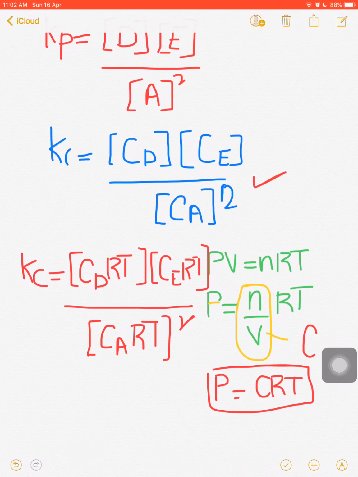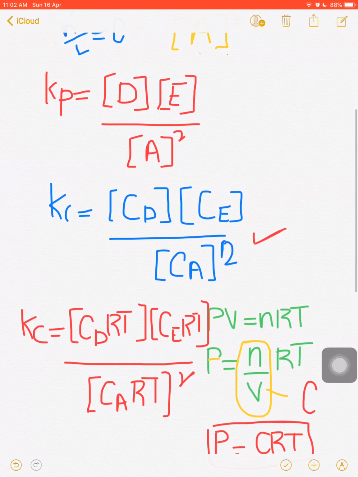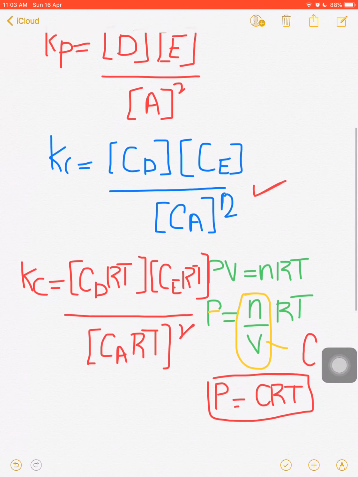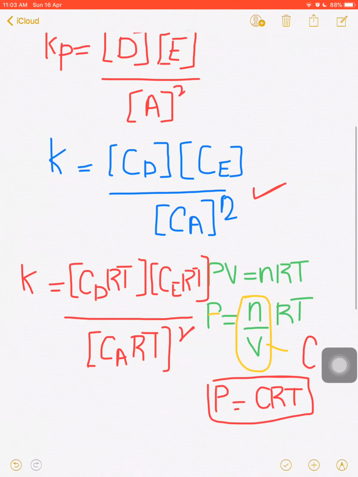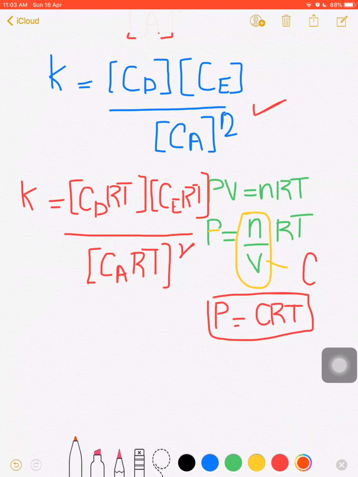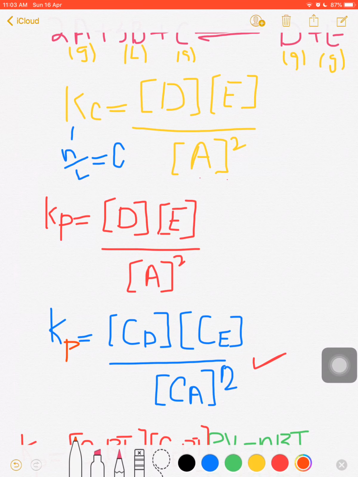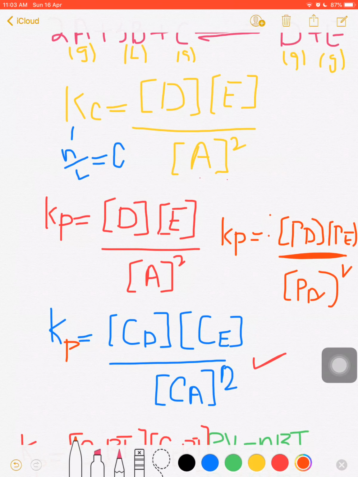Now we know that basically this is equal to Kp, and here Kp is equal to Pd upon Pe upon Pa whole square, right?